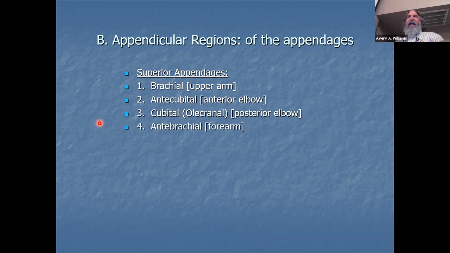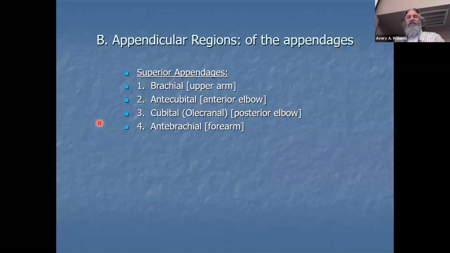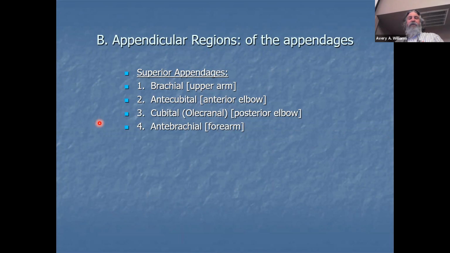So antebrachial, or brachial, upper arm. Antebrachial is not anterior arm, it's forearm. I'm not sure why they chose this prefix, but your antebrachium is basically just your forearm between your elbow and your wrist.